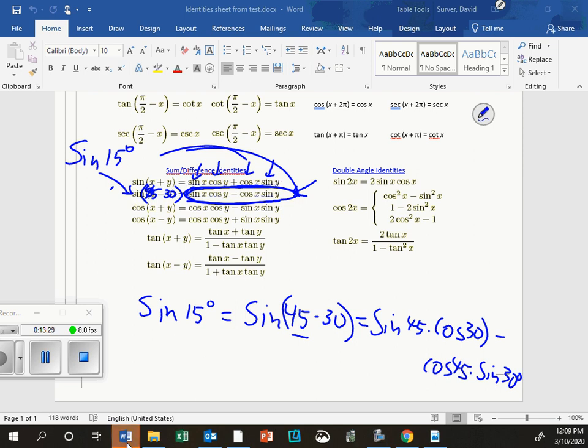So this is the part where you'd have to pull out, and I want you to do this. Try to figure out if it's a 1, 1, square root of 2, which is the 45, 45, 90. You should know what the sine of 45 is and the cosine of 45. And then you should know what the sine of 30 and the cosine of 30 are, because I can make the 30, 60, 90 triangle: 1, 2, square root of 3.